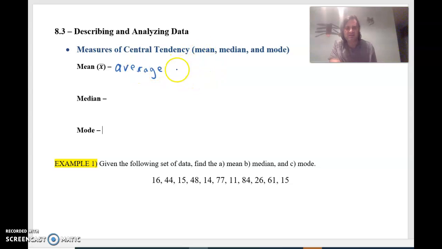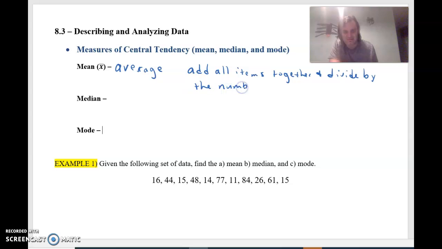That means add all items together and divide by the number of items, just like you would find any average out there. So that's one way to talk about a central point or estimate a central point.